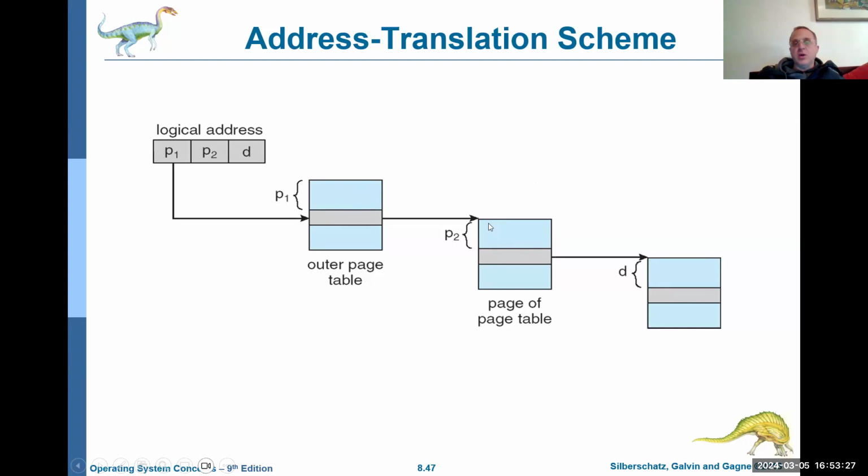Then I go here, but I need to know which row in this. And now I go down 8 bits over here. I use the P2, that tells me how far to go down. And I get another 22-bit address, and that tells me where it finally is. And then I use D to tell me how far to go down. Now, you might ask yourself, why are D and P not the same size? Because D is telling me which byte to access, and P2 is telling me which row to access, which is 4 bytes long.